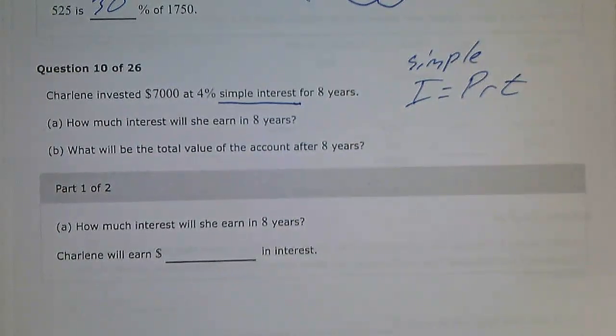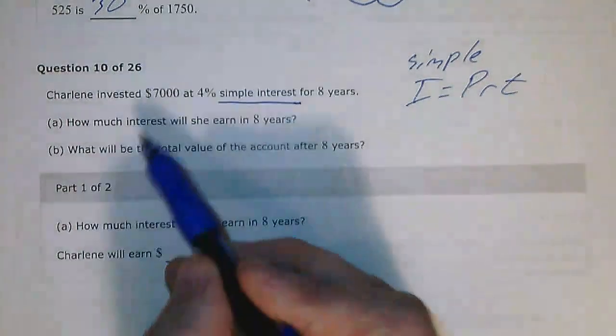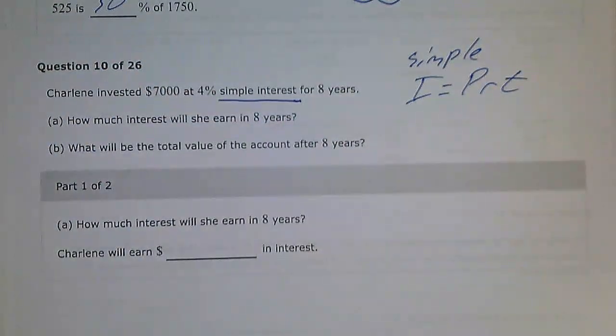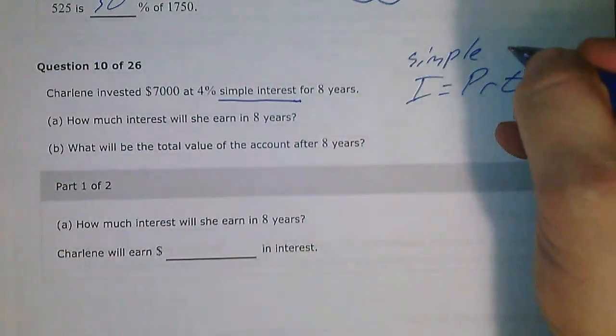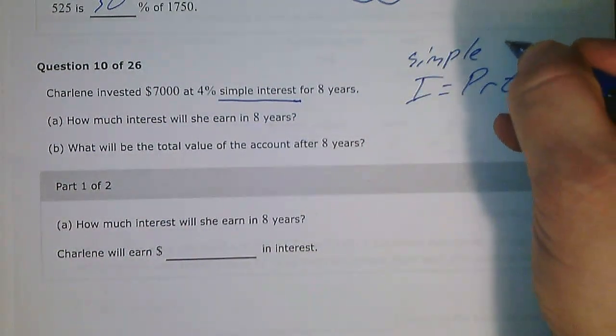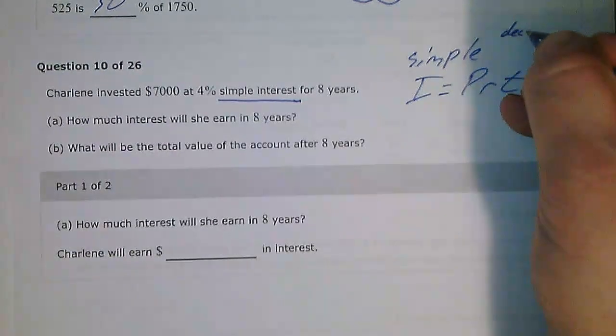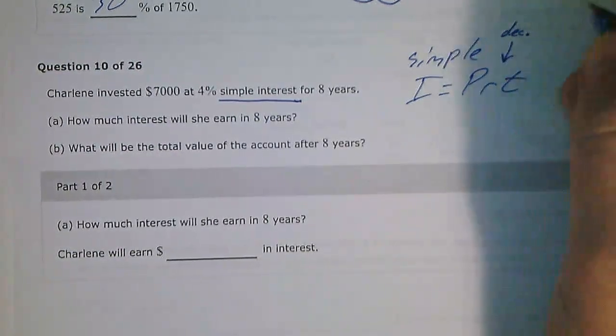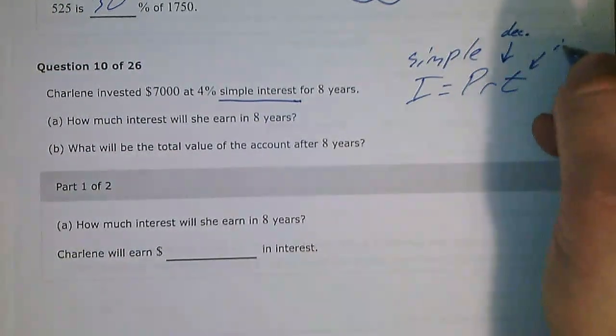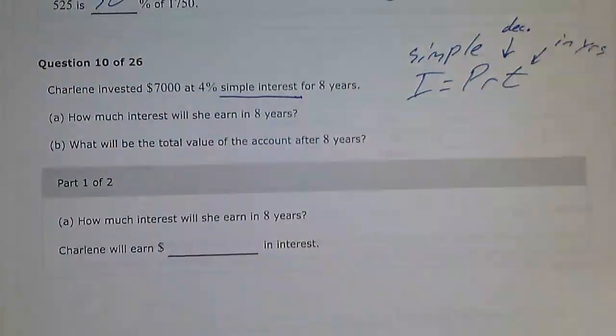T is always in years. Principal is the initial amount that you're investing. Rate needs to be a decimal for rate. And time, again, is in years.